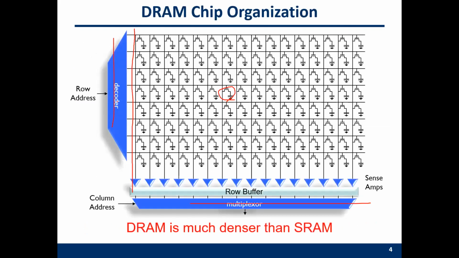At the beginning, we need to charge this bit line to 0.5 VDD. And then we need to select one row. Assume that we are selecting this row. What do we mean by select? Select means that I send a 1 here, but all zeros to other rows. Because here is a 1, the transistor is closed, which means that the cell is actually connected to this pre-charged bit line.